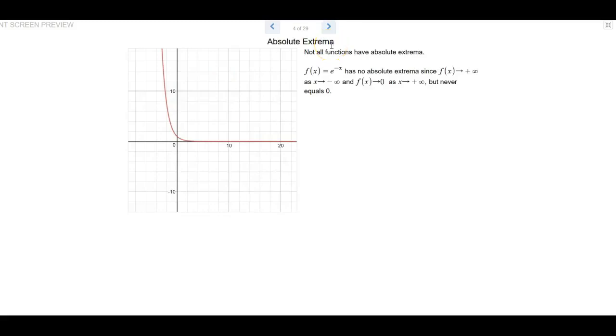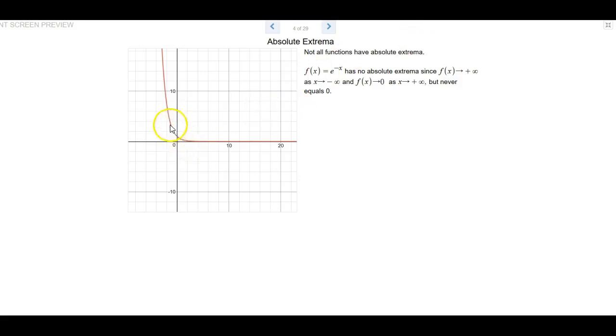So not all functions have absolute extrema. It depends on the domain, and it depends on the function itself. For instance, f of x equals e to the minus x is pictured here. It has no extrema on its domain because its domain is all real numbers, first of all.